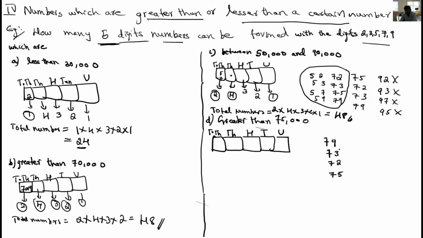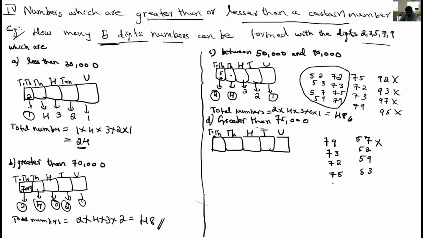This case is possible, right? That is 7 in the 10,000 place. But if you take 5 here, then what will you get? Then you will get 57,000, 52,000, and 59,000. One more is 53,000. This case is not possible. Why? The value of the number must be greater than 75,000.